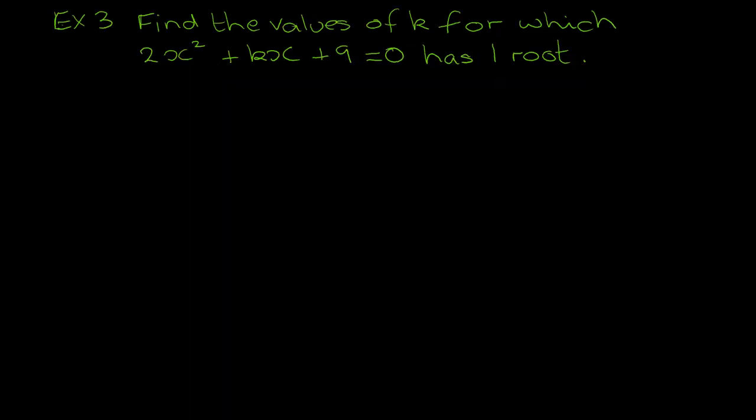Let's do one last example here. So again, we're trying to work out what values of k we'd need for this to have one root. So remember, if it's got one root, that means that the b squared minus 4ac will equal 0. So b in this case is the k. So we've got k squared minus 4 times 2 times 9 equals 0.